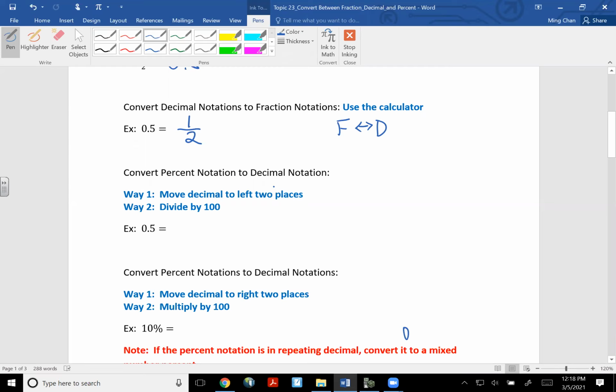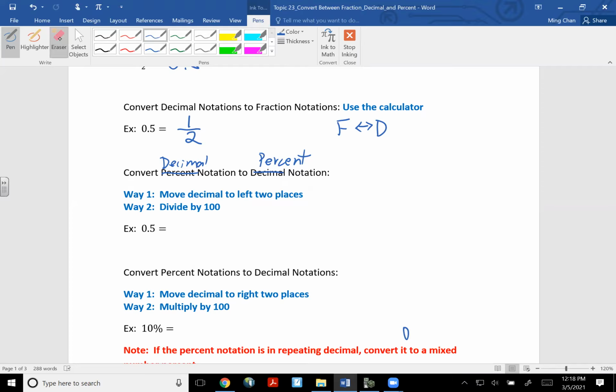Next, convert between percent notation and decimal notation, or decimal back into percent. I actually got these backwards.